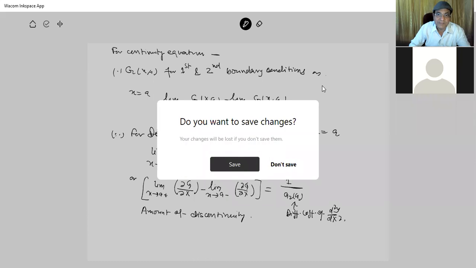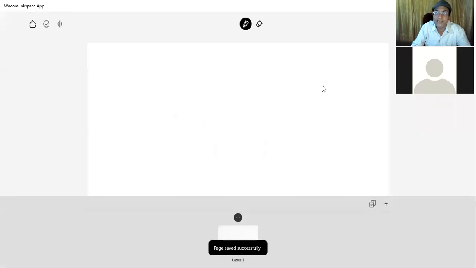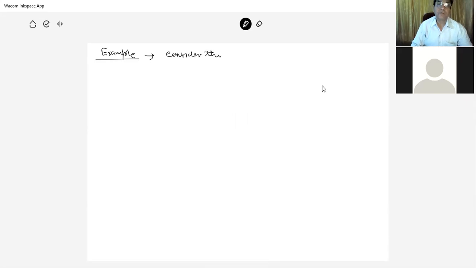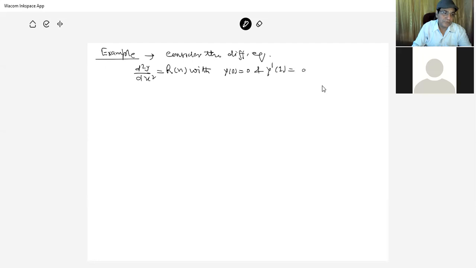Now, all these steps must be clear in the example. Consider the differential equation d2y by dx square is equal to r(x) with y(0) equal to 0 and y dash(1) equal to 0.